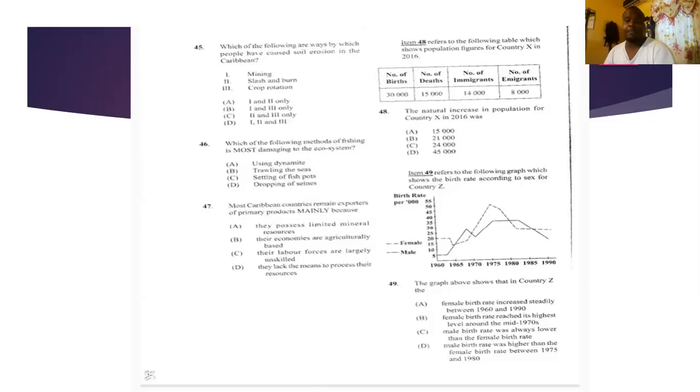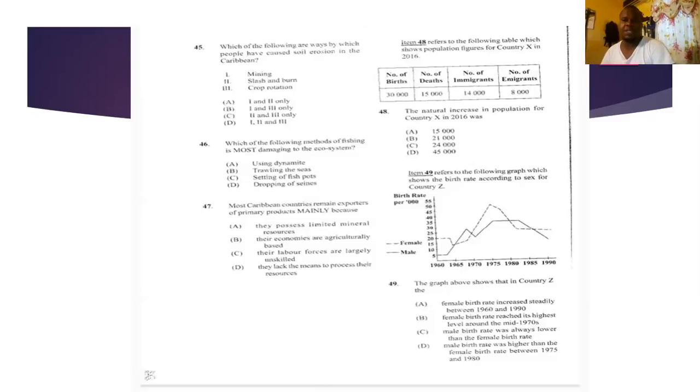Yes, dynamite is damaging. Trawling the sea is damaging as well. But based on new information, at first persons usually say dynamite, but with trawling, because it's a big net that scrapes the sea even down to the bottom and removes valuable coral and small fish and so on, the information out there now is saying that trawling is more damaging.